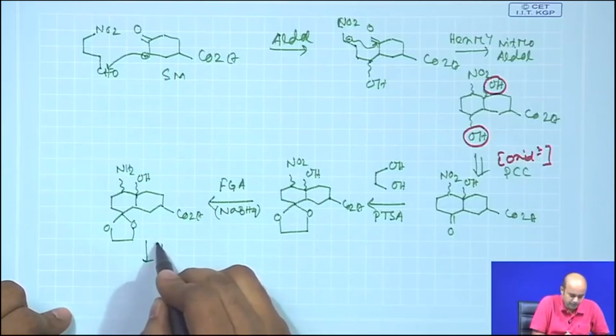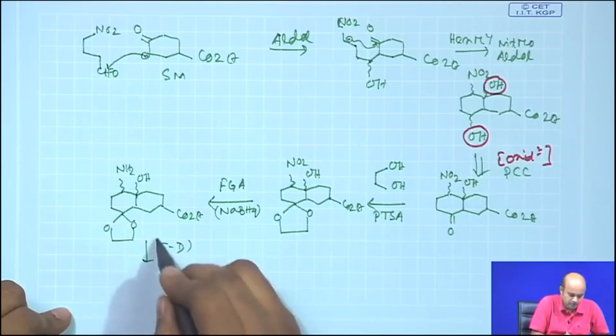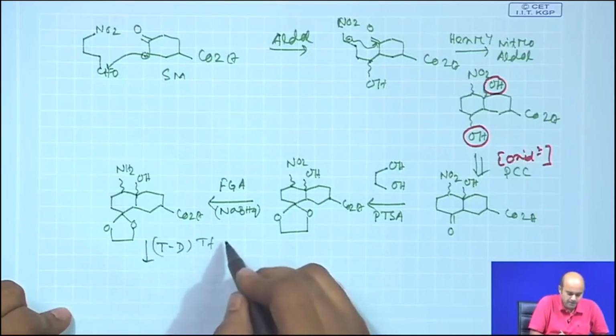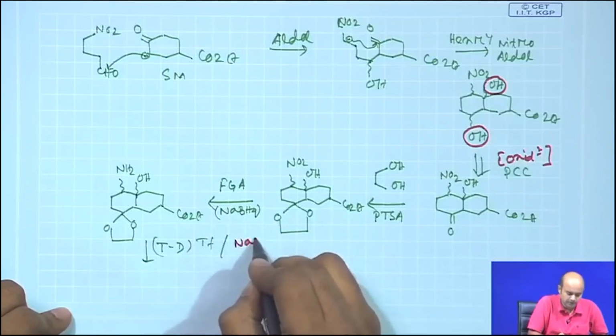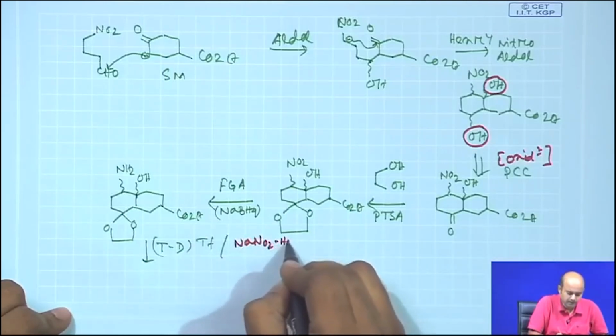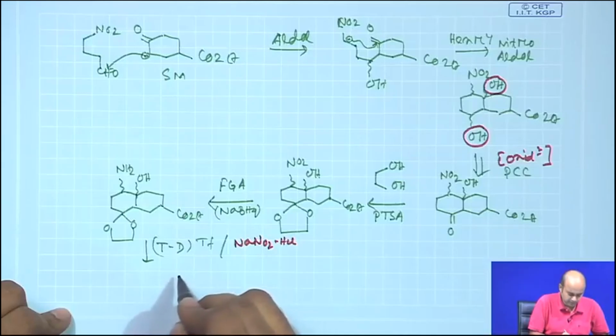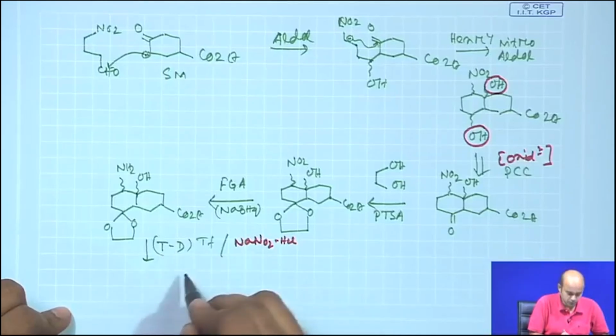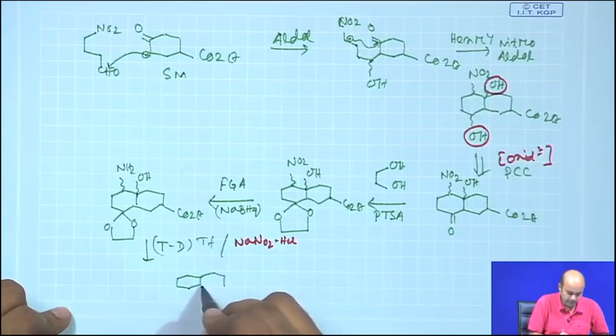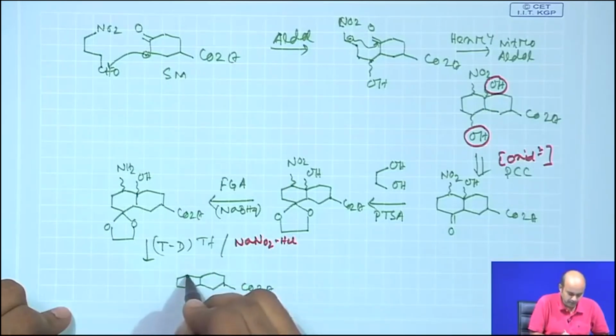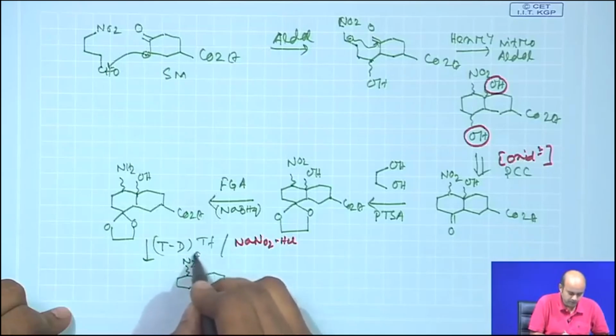Is it a Tiffeneau-Demjanov transformation? Now, what is the reaction condition? The reaction condition, we basically use sodium nitrite and HCl. This is a diazotization condition. So, what exactly happens? Once this compound is subjected to sodium nitrite HCl, this amine group will be converted to a diazonium species.